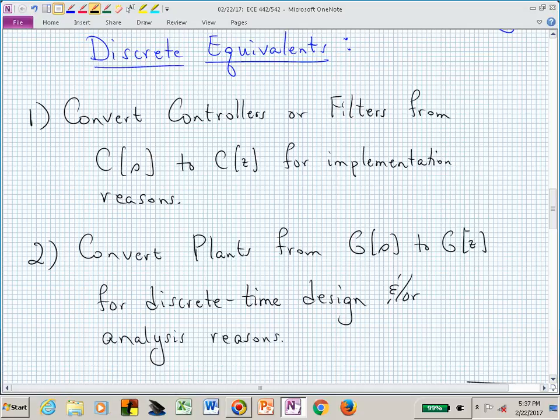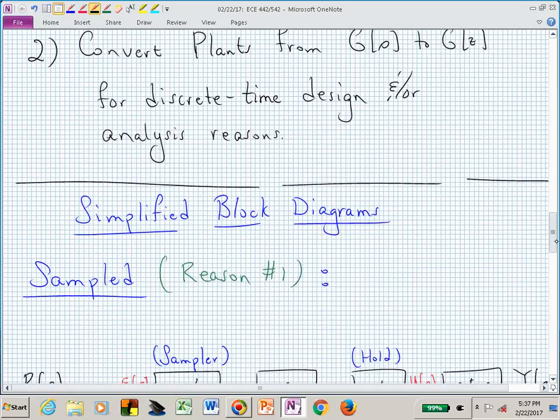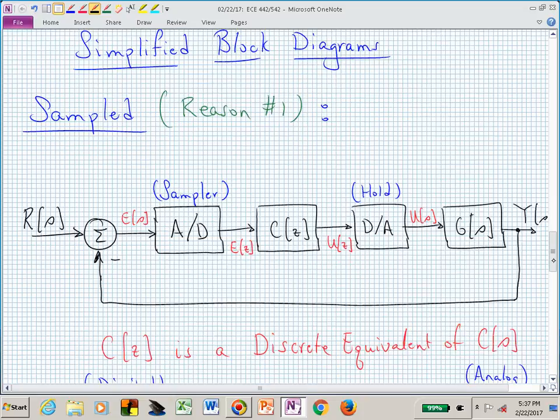You now need a G of Z, and we'll then have scenario number two, which is converting a plant, and that one we will usually use a zero order hold equivalent, which means that we're preceding our plant with a zero order hold. And we'll get into that now in pictures.